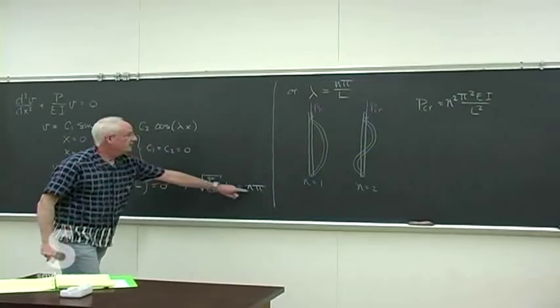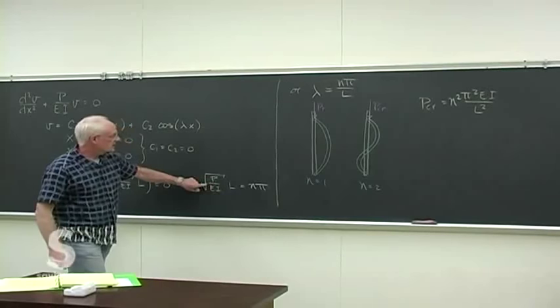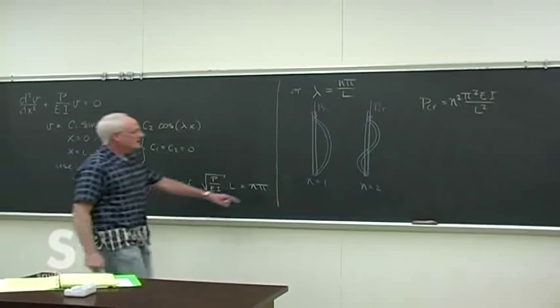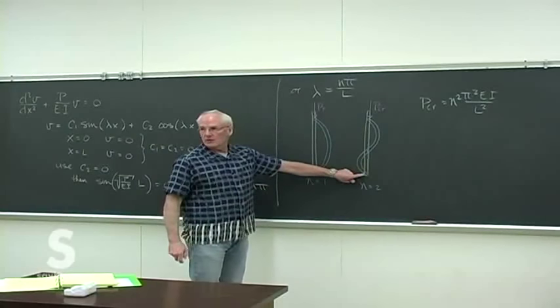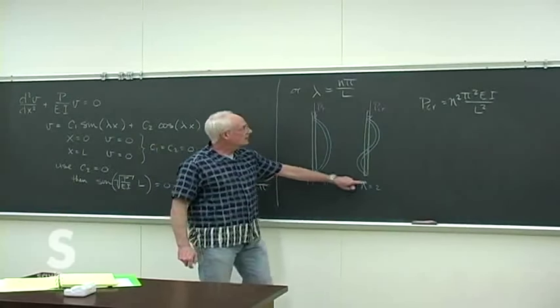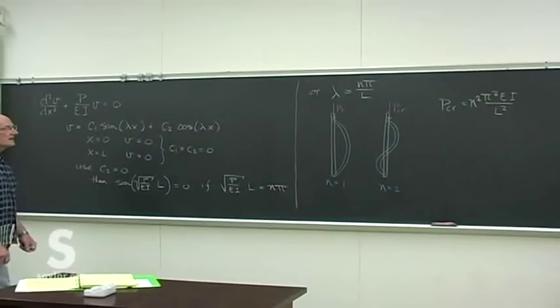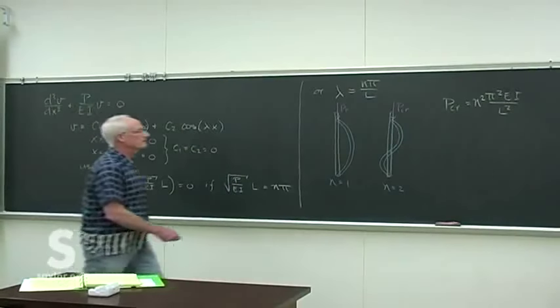Yeah, because we put the L over, then we square, which will square the n. So if we have the second failure mode, then n equals 2, which gets squared. We go to a 4 times greater possible critical load.